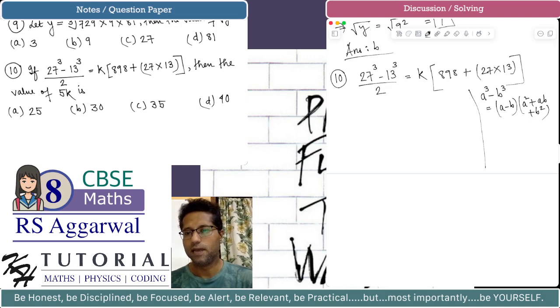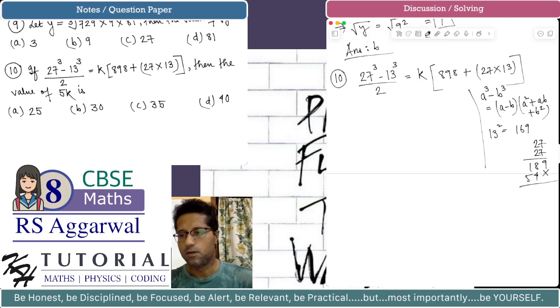So hopefully 898 can be the value of a square plus b square, that is 27 square plus 13 square. 13 square we know is 169, but I don't know what 27 square is. So let's see what 27 square is. It is 729.